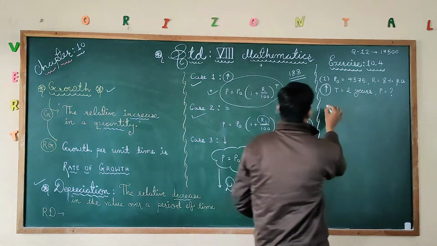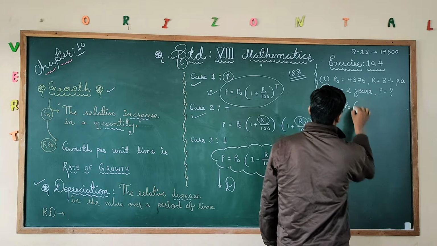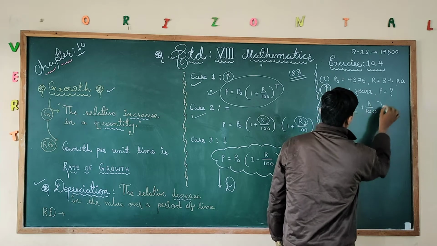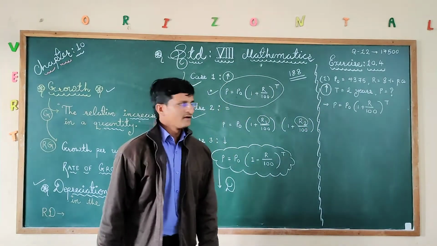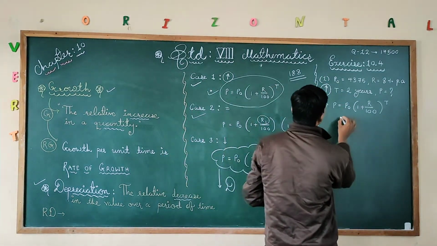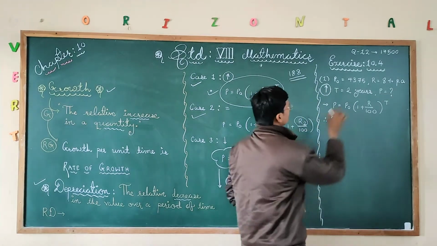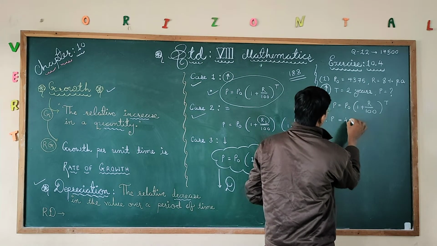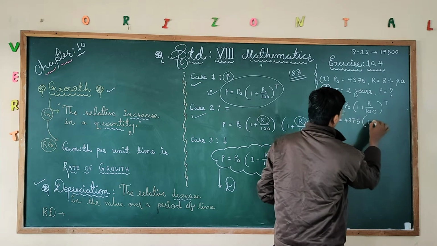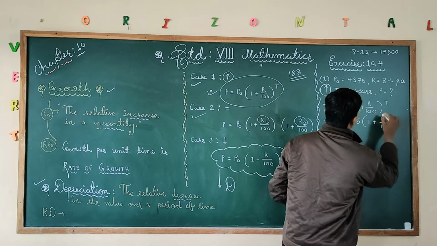So we can write P is equal to P0 (1 + R/100)^T. Now keep the values in this formula. P we have to find out, so P stays as it is. P0, the population, is given 4,375. R is given 8 divided by 100, and T is given 2.